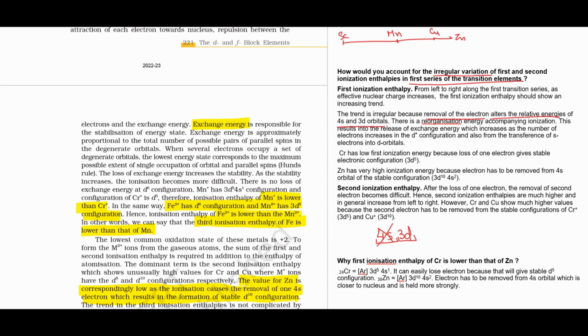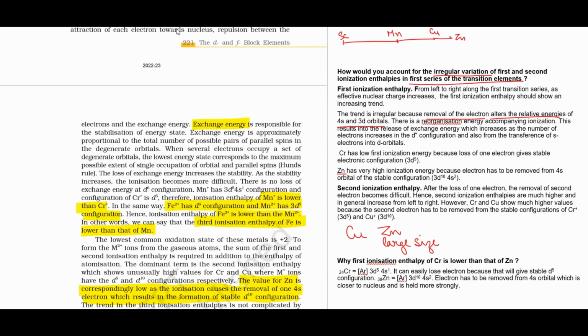One very important point that you must know is the comparison of ionization energy of copper and zinc. Out of copper and zinc, if we look at size, zinc has a larger size than copper. Why? Because in zinc there is perfect pairing, and the paired electron repulsions dominate over effective nuclear charge. So size is large.